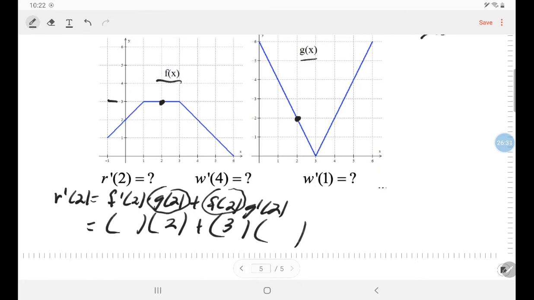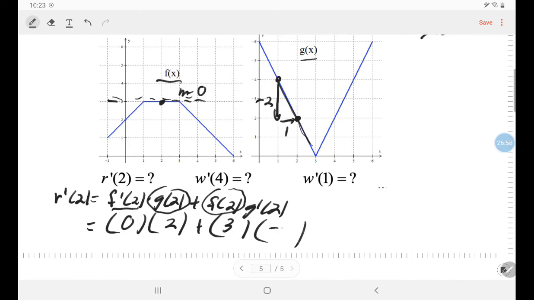When I look at the primes, f prime of 2 means I'm here at 2, but I don't want the y value. I want the slope, which in this case is 0. G prime of 2, I'm here at 2. I want the slope. It looks like it goes down 2 over 1.